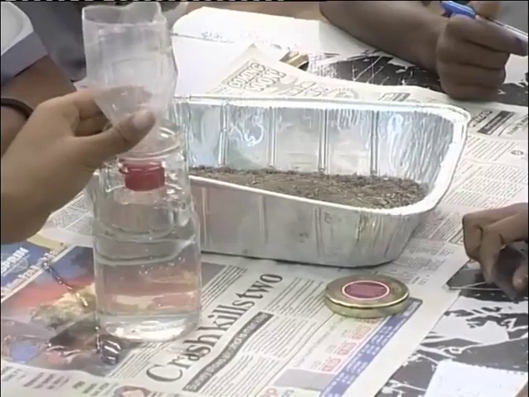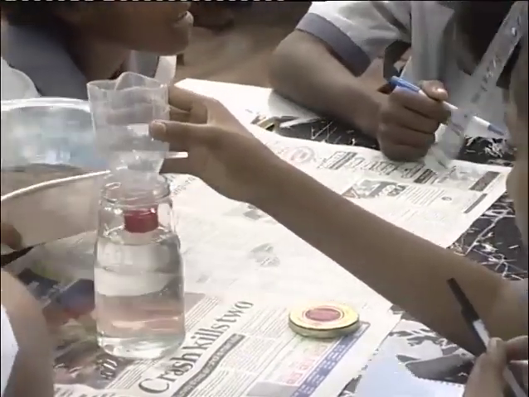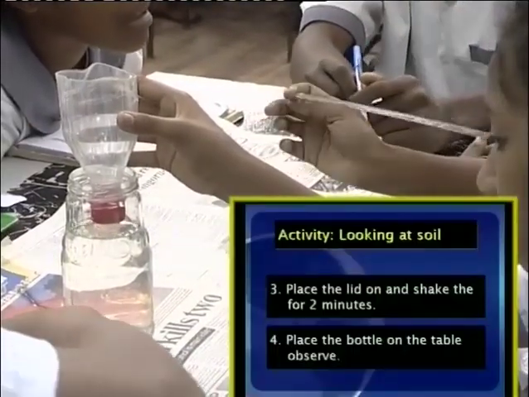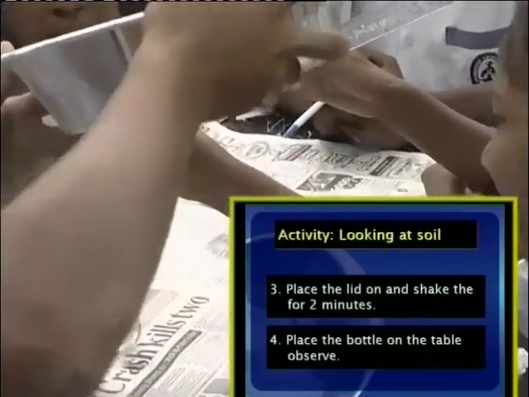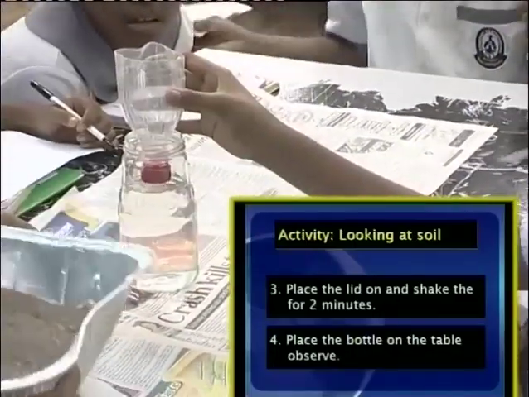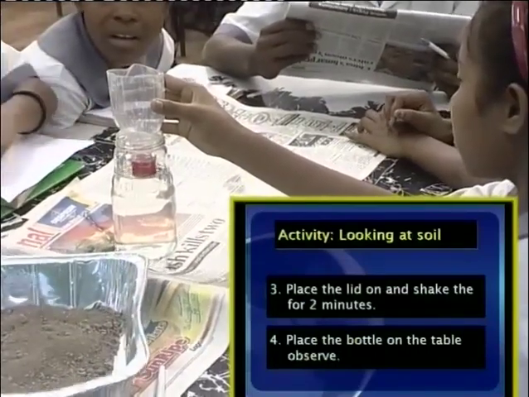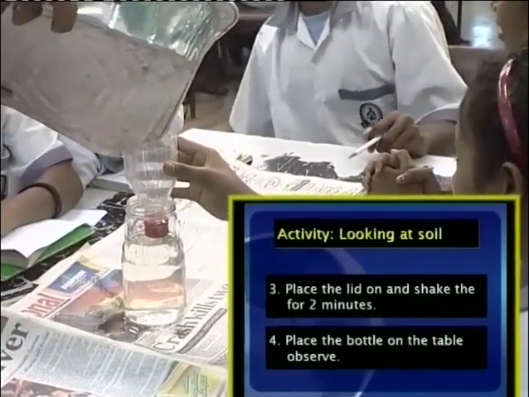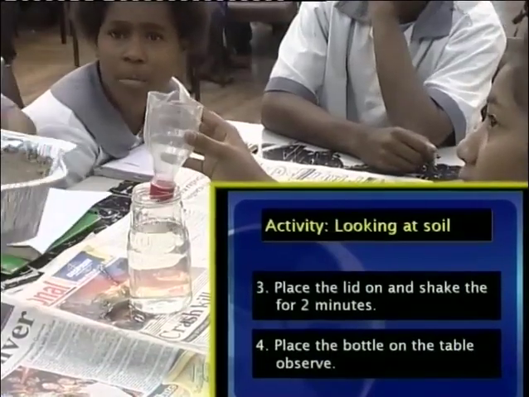All right. You have done the first two instructions. So, continuous shake for 2 minutes. Leave the stones, just get the soil. And do that quickly. Just leave the newspapers there and just leave them. Okay.